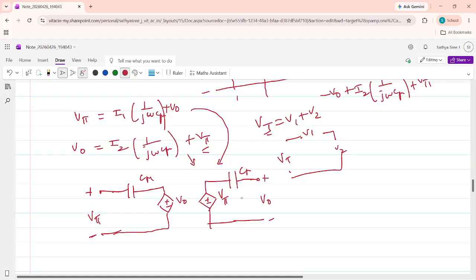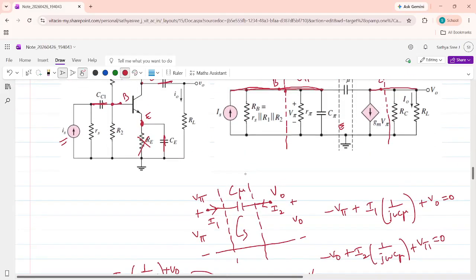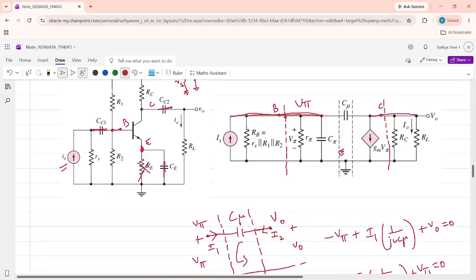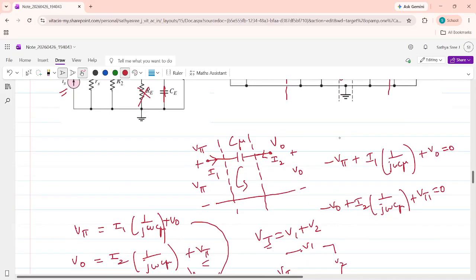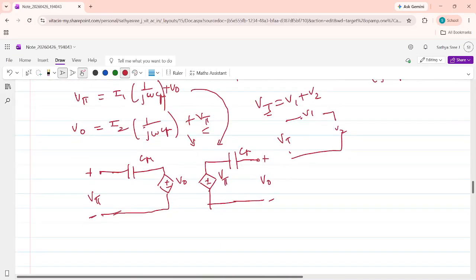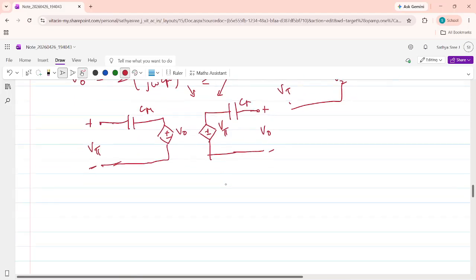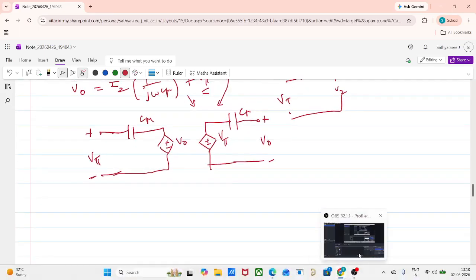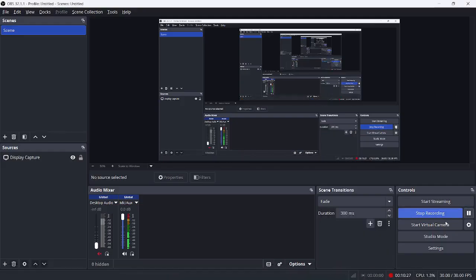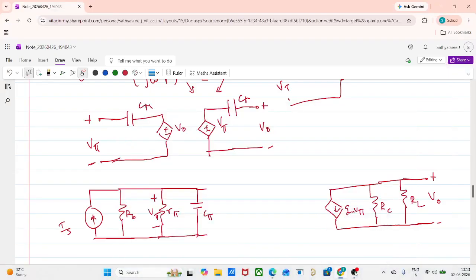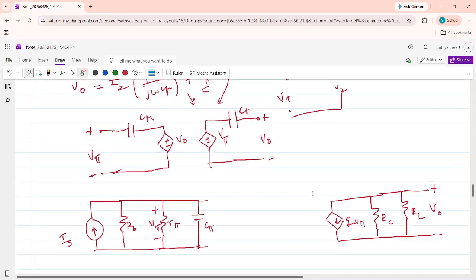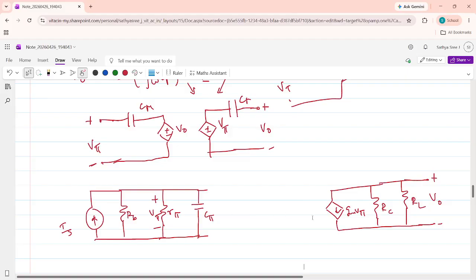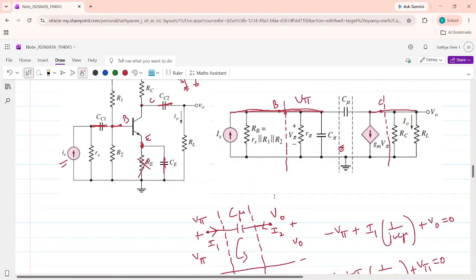Now we are going to replace this single capacitance C mu by this complete circuit, so I'm going to redraw that. Here I have drawn the complete circuit: IS, RB, V pi, R pi and C pi, and here gm V pi, RC and RL.